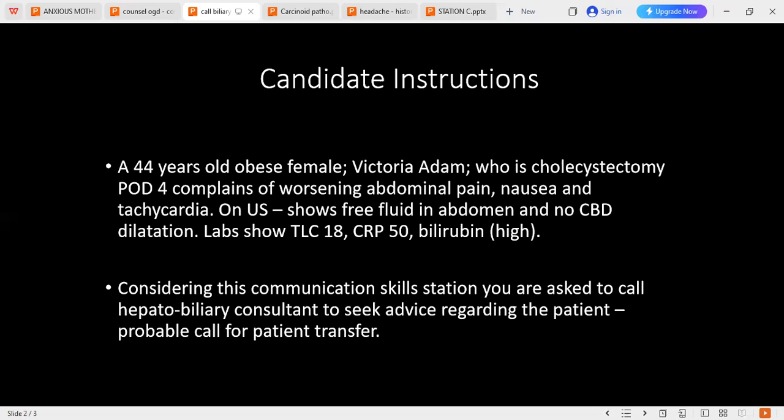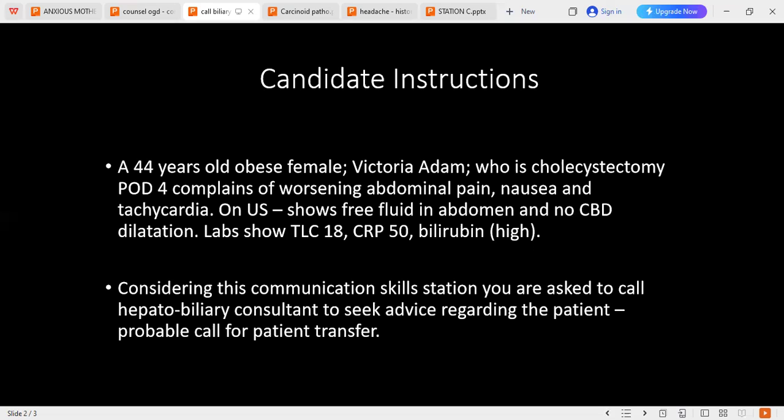So why do you think the patient would need ERCP and not MRCP? Okay, because ERCP is diagnostic and is also therapeutic. So it can help us delineate where the injury likely is, and also help us place a stent.